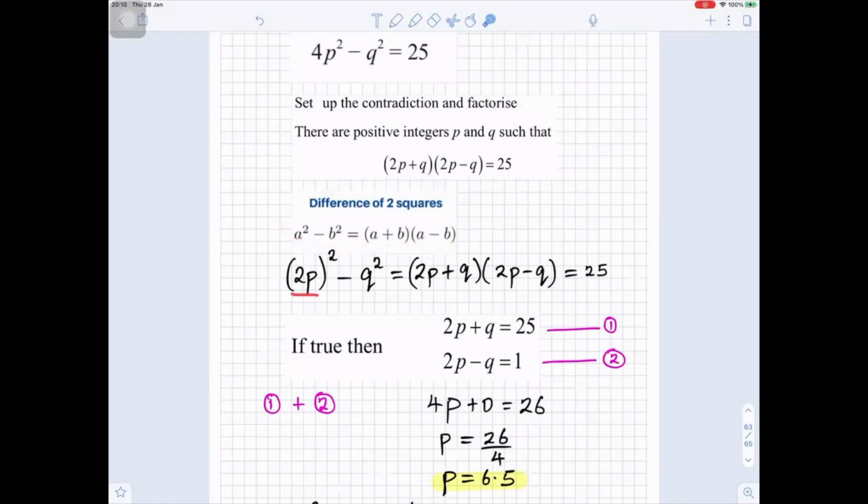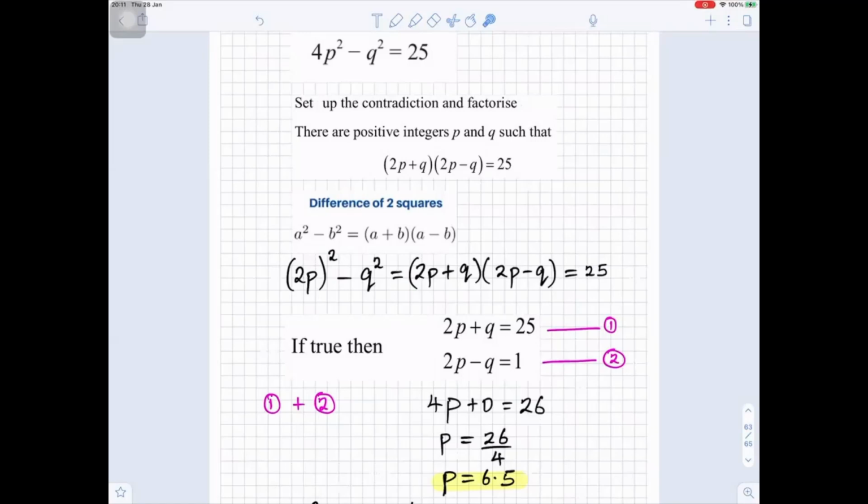So 4p squared minus q squared is (2p plus q)(2p minus q) equals 25. If true, then 2p plus q is equal to 25, and 2p minus q is equal to 1, because 25 times 1 is 25.